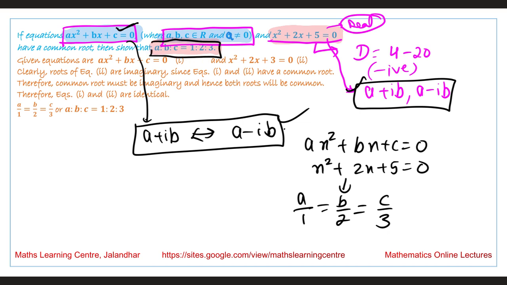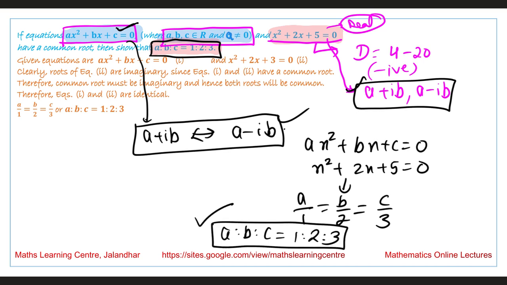We are saying that the ratio a : b : c is equal to 1 : 2 : 3, because both their roots are equal. But the condition that the coefficients should be real is important here. Without this we cannot say that if one root is a + ib, the other is a − ib.